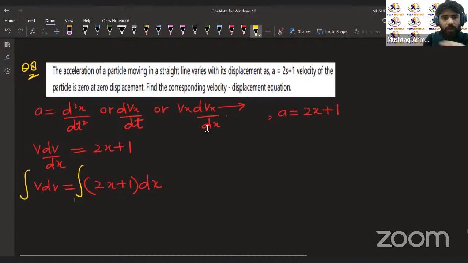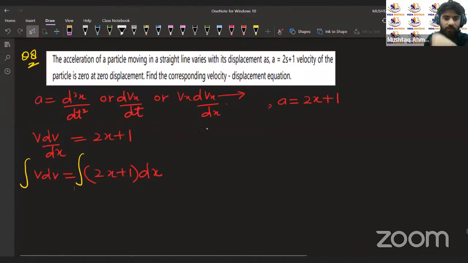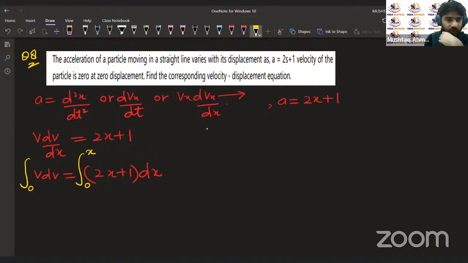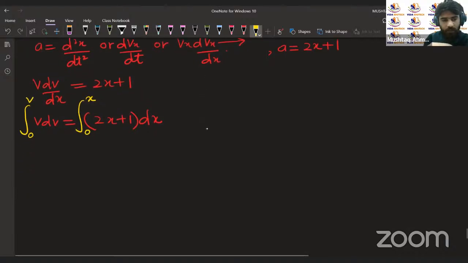When the velocity of the particle is zero at zero displacement, and after some displacement x the velocity has become v, correct? So the limits will be 0 to v and 0 to x.